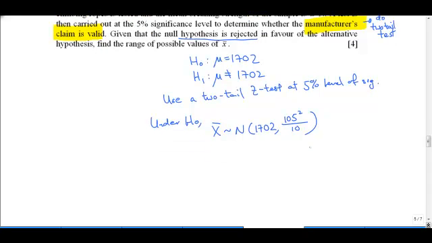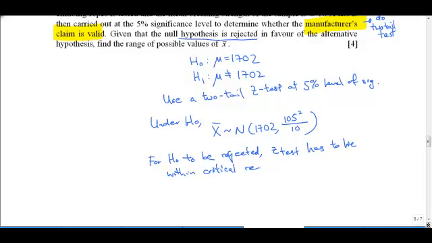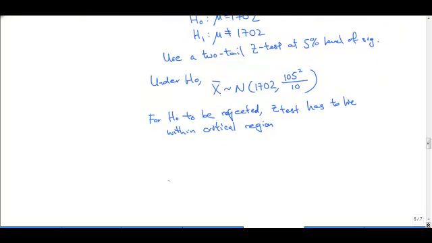For such questions, the next thing you say is that for H0 to be rejected, the z-test statistic has to lie within the critical region. To find out exactly what values my z-test can take, we should draw the bell curve for z.